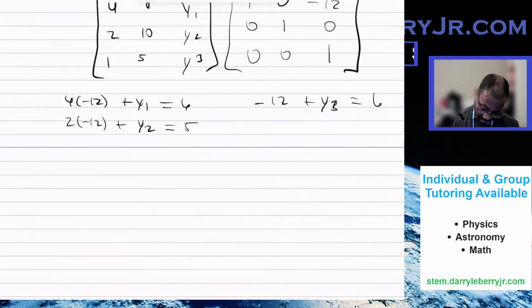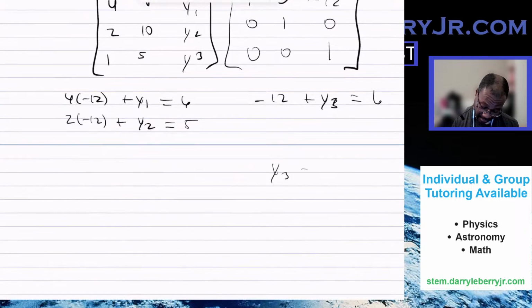So y3 equals 18, y1 equals 54, and y2 equals 29.